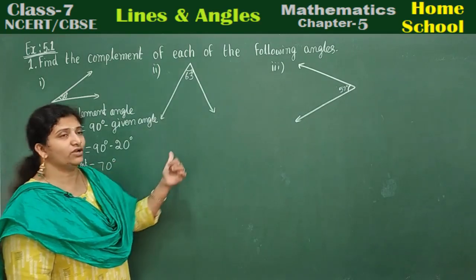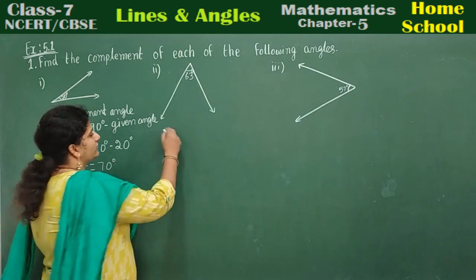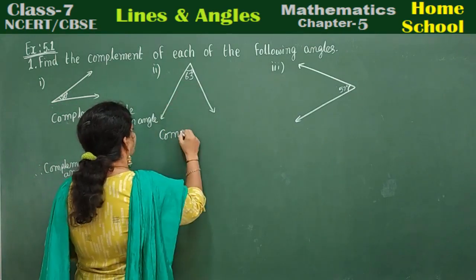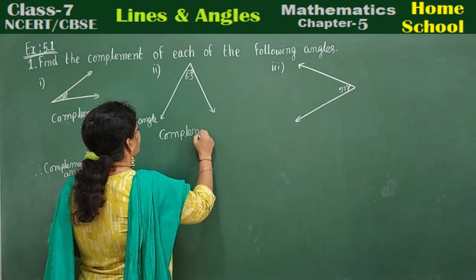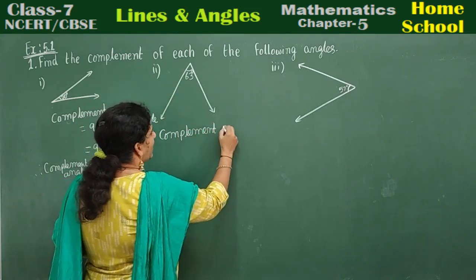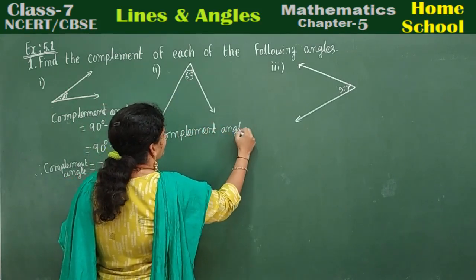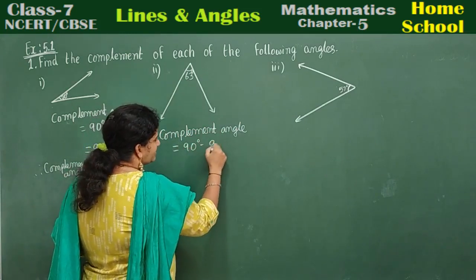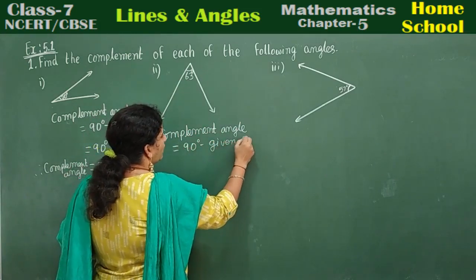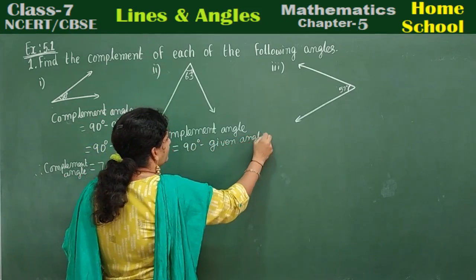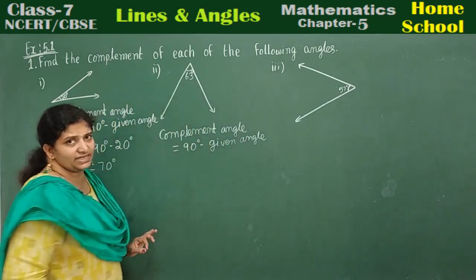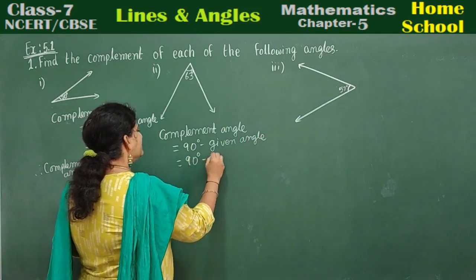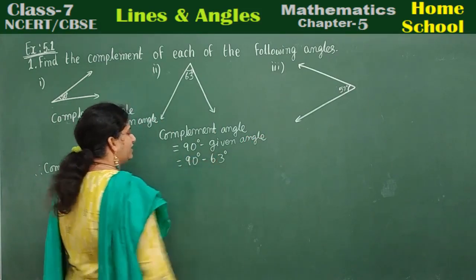Similarly, let us find out other two problems. Given angle is 63 degree. Complement angle is equal to 90 degree minus given angle. What is given angle here, children? Given angle is 63. 90 degree minus 63 degree.